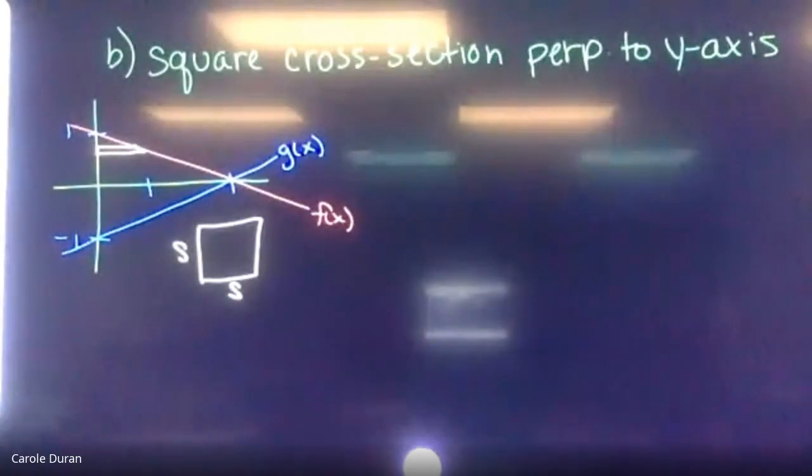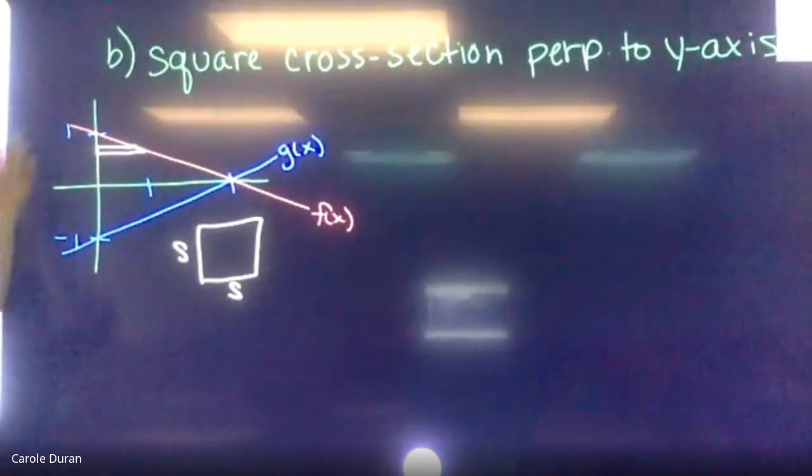So it changed where my cross-section was coming from. So the way that we're going to do this one, since I'm running perpendicular to the y-axis, is I need to take both of my equations and change them so that y is solved for. Because that's the only way we can integrate using y as our basis for integration. So I'm gonna start with my f function.